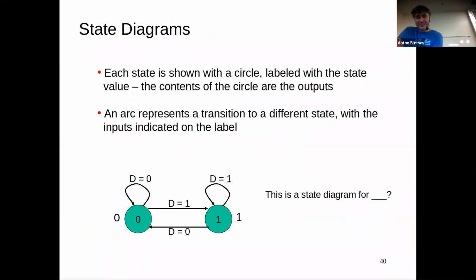Here's a state machine with a state diagram, right? Essentially, if you are in state 0 and you receive input 1, you transition to state 1. What is this?